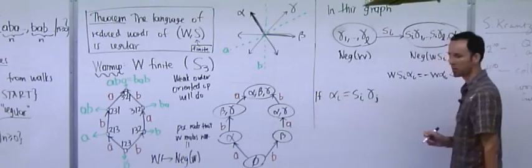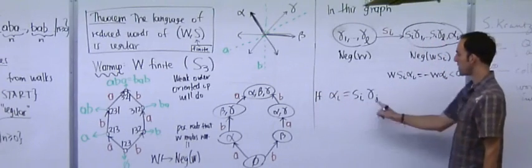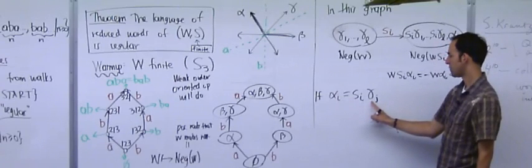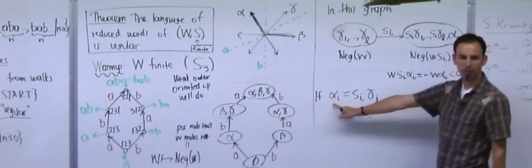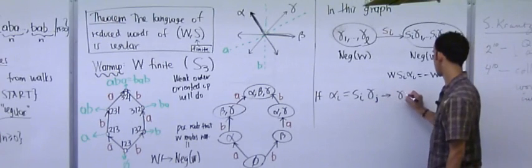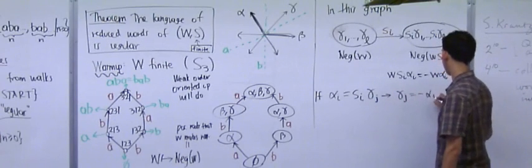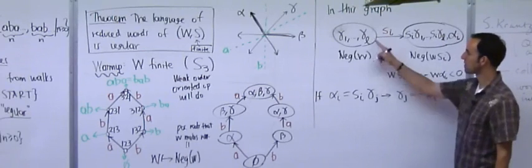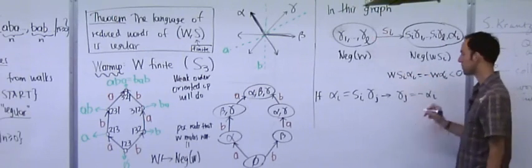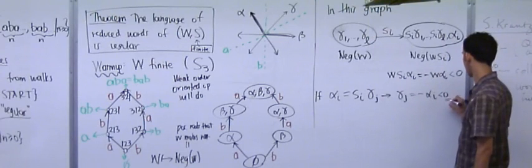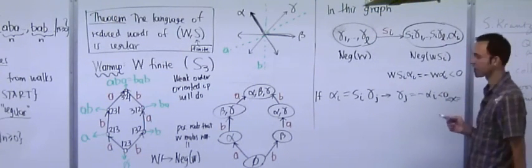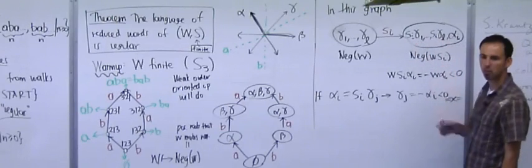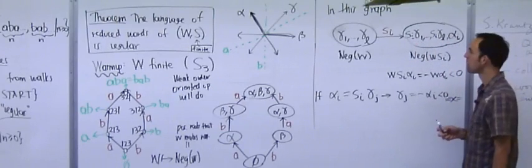So how am I going to discard this? Well, if this was the case, then gamma j would have to be, what's the thing that Si sends to alpha i? Gamma j would have to be negative alpha i. Right? But that can't be because these are positive roots. So that shows that alpha i was not one of these other guys, and so it is the last missing one. Okay.